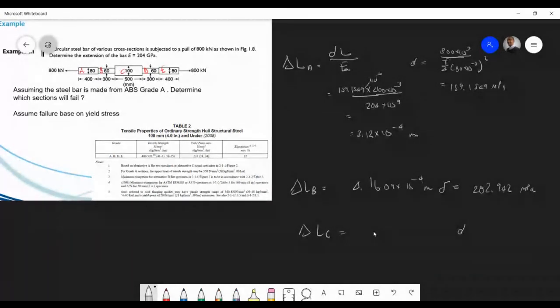C, we're getting stress C here. C is at the big section, so by looking at this, it should have the least amount of stress. The highest should be the thinner section over here.